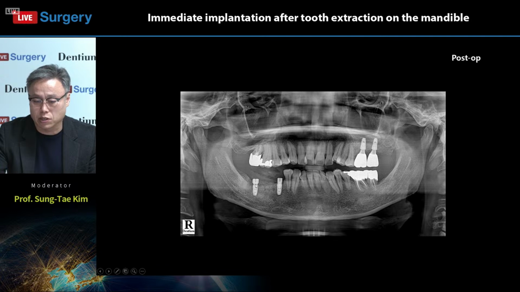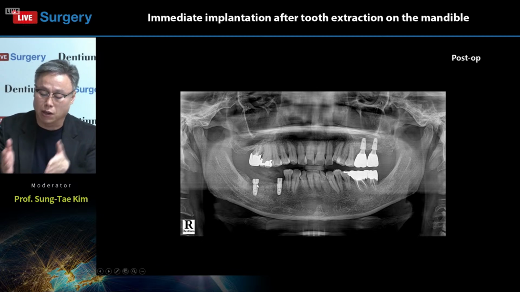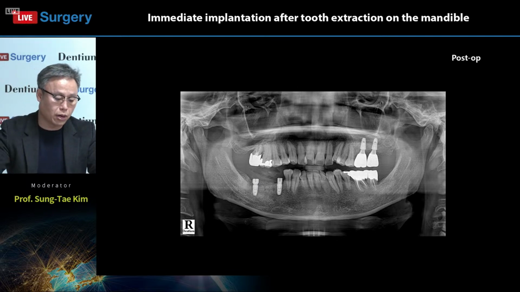Therefore, the initial stability could be obtained more easily. Three reasons: the dome shape fixture, the increased surface area, and the aggressive thread design. These three reasons are good for immediate implant placement for getting primary stability in a limited bone amount. That's the advantage of the bright implant.